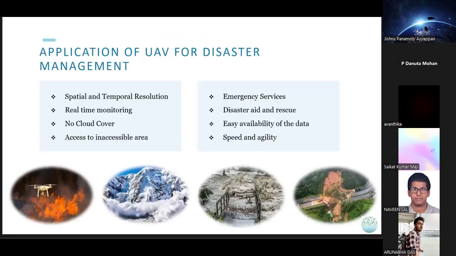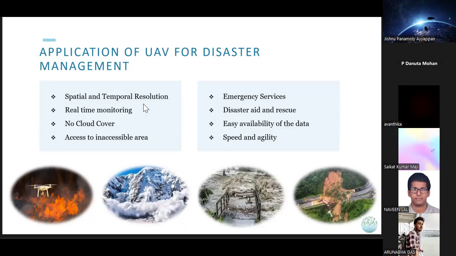Next comes the application of UAVs for disaster management. Why are we using drones specifically for disaster management purposes? The first reason is spatial and temporal resolution.